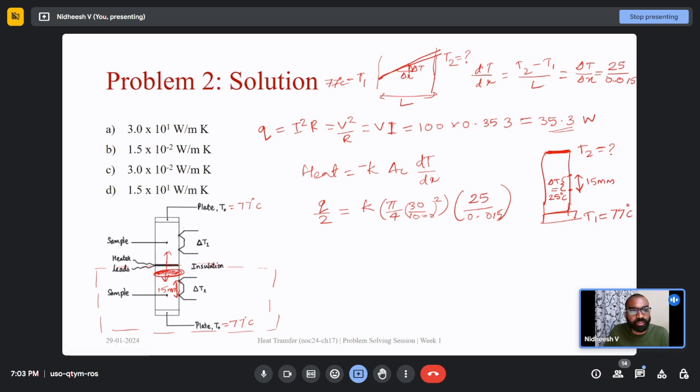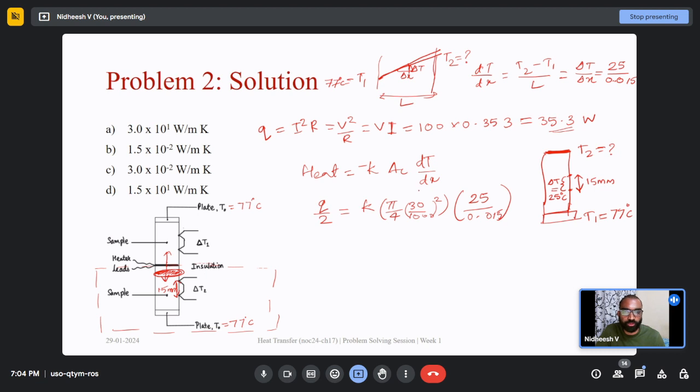So this dT by dx is like an amplitude value, a modulus value. It is the rate of change of temperature with a given difference in sample length, not in any particular direction. In whichever direction, it is just the magnitude, so we don't have to take the sign convention in the picture.